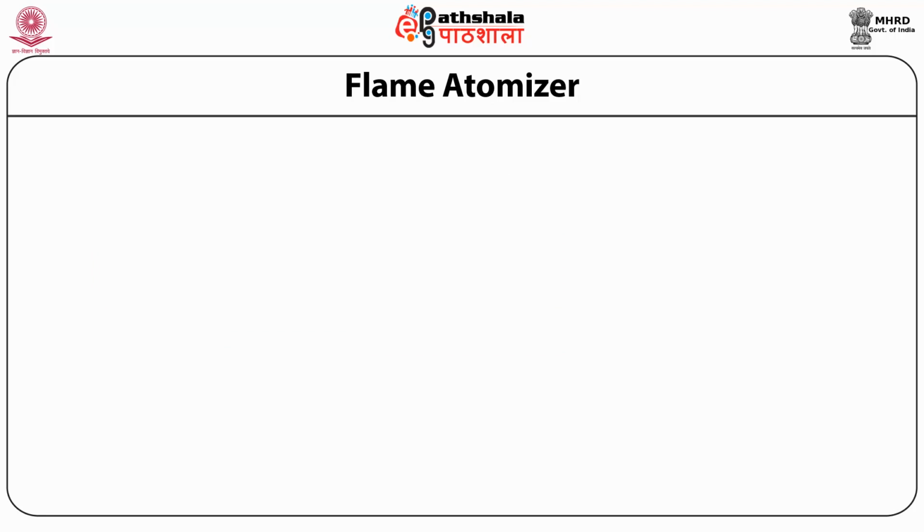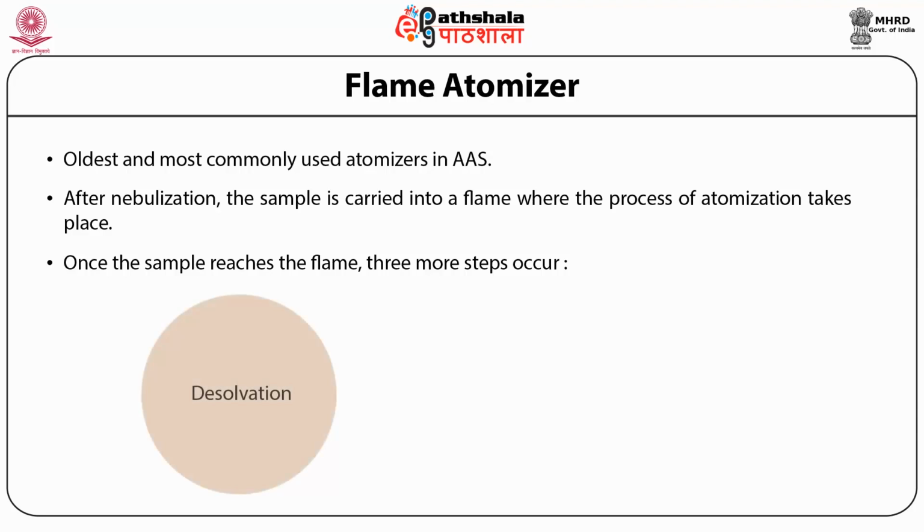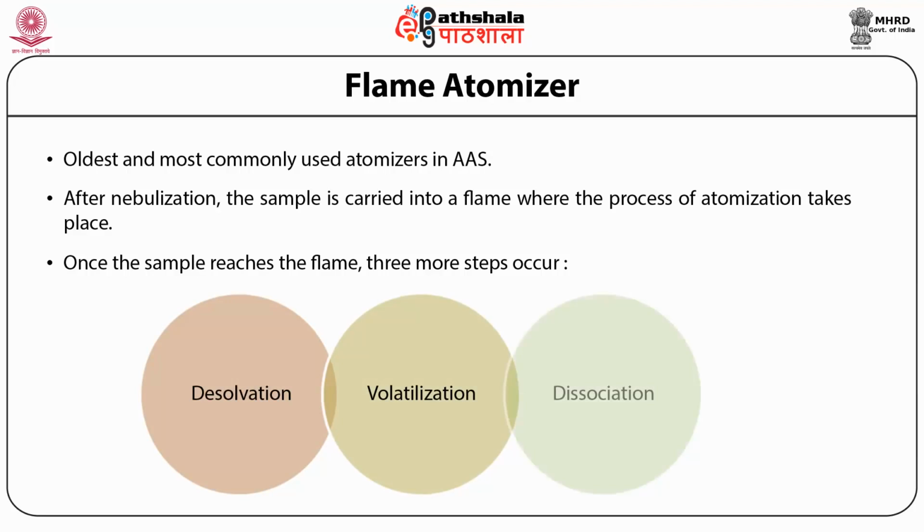The flame atomizer is the oldest and most commonly used atomizer in atomic absorption spectroscopy. After the sample is nebulized, it is carried into a flame where the process of atomization takes place. Once the sample reaches the flame, three steps take place. First is dissolution, second is volatilization, third is dissociation.